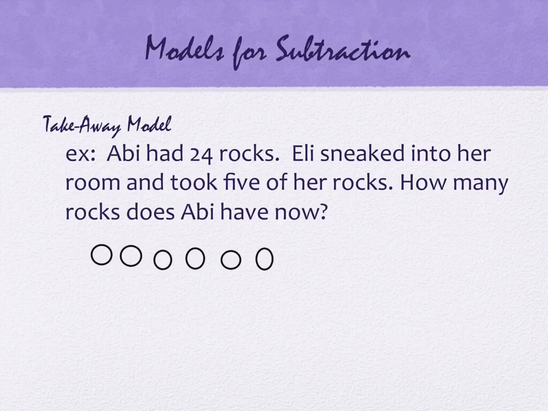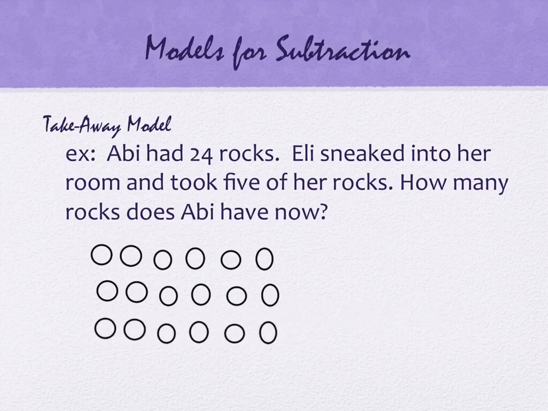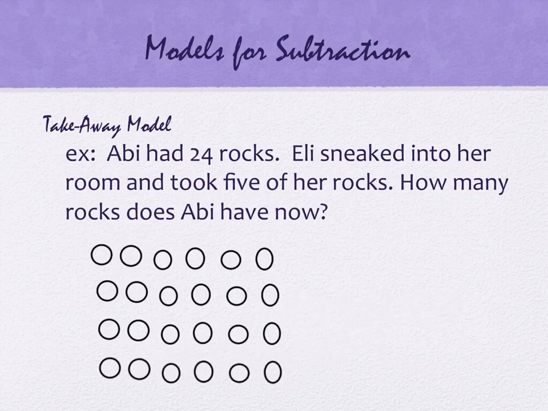Not only that, but I have the advantage of being able to copy and paste. Isn't that a nice advantage right now? Sure is. So now I have 12 rocks, 18 rocks, and here's my 24 rocks. So I physically already have these, in this case, rocks.